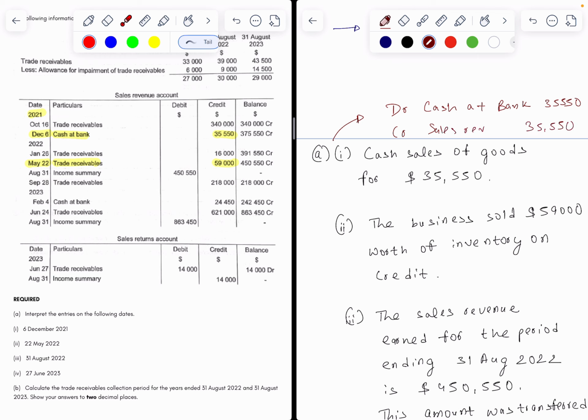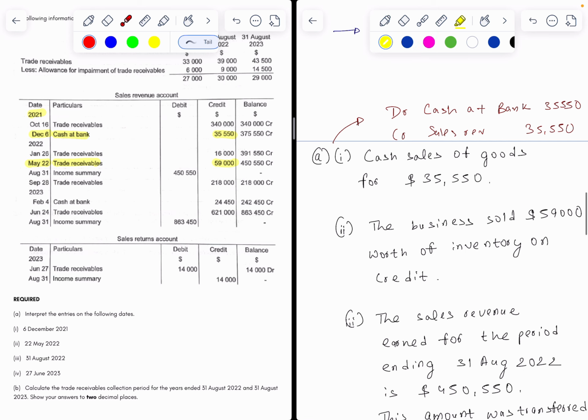That is why the sales revenue ledger account is being credited at that point in time. This clearly indicates that a cash sale of goods for $35,550 has been made. Okay? So you can just simply write cash sales of goods for $35,550.